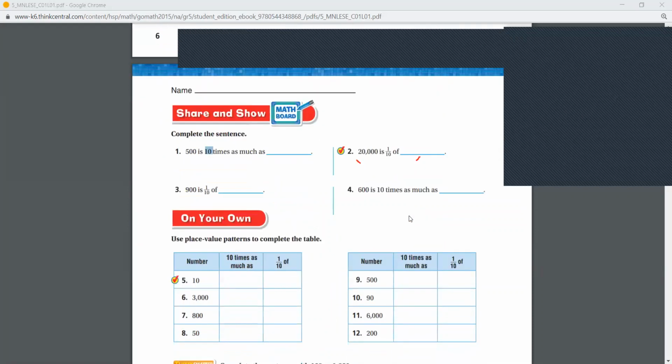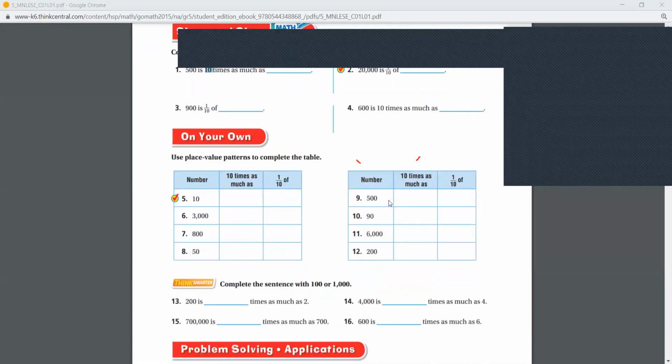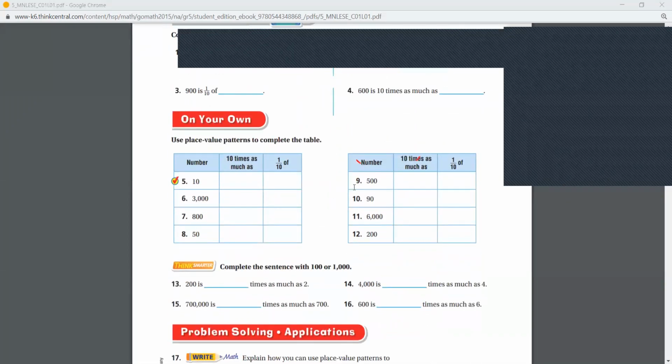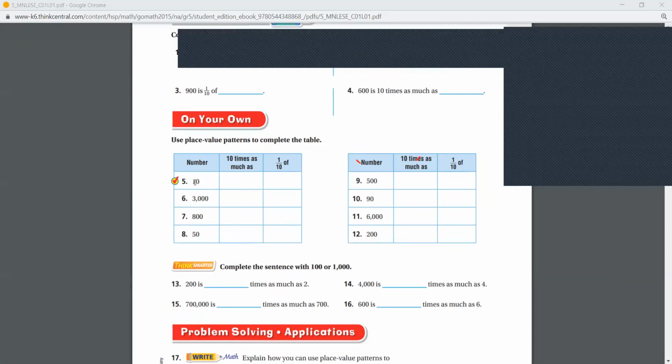Here, the same way in multiplication, you need to handle it differently when they ask such a question. When there's "as," you just take it as "of." See here, they directly ask you 10 times, so directly you are just going to write it simply. For this question, 10 times 10 is 100. 3,000 times 10 is 30,000.